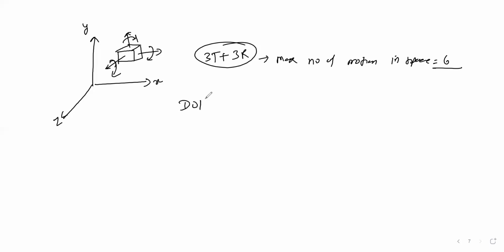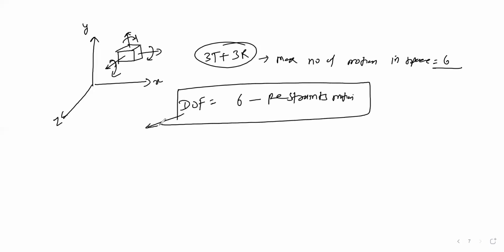The degree of freedom is defined as 6 minus restraint motion. Degree of freedom is nothing but restricted motion.